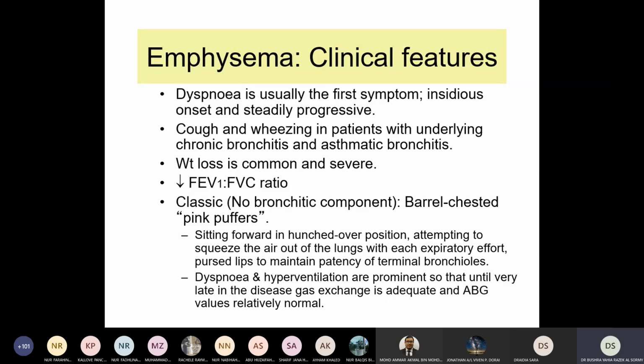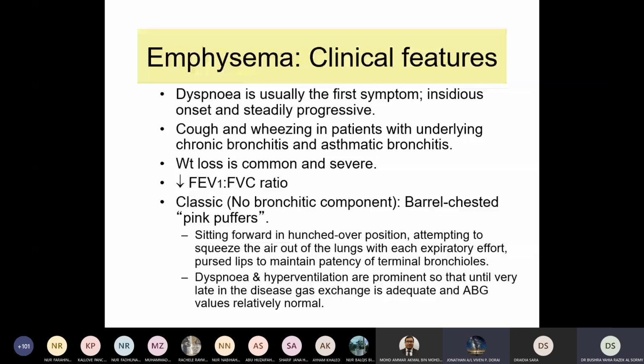Okay, and the body then tries to compensate, how? By ventilation. So when there is hyperventilation, the arterial blood gases are maintained at normal. Okay, understood? Because of compensatory hyperventilation, isn't it?